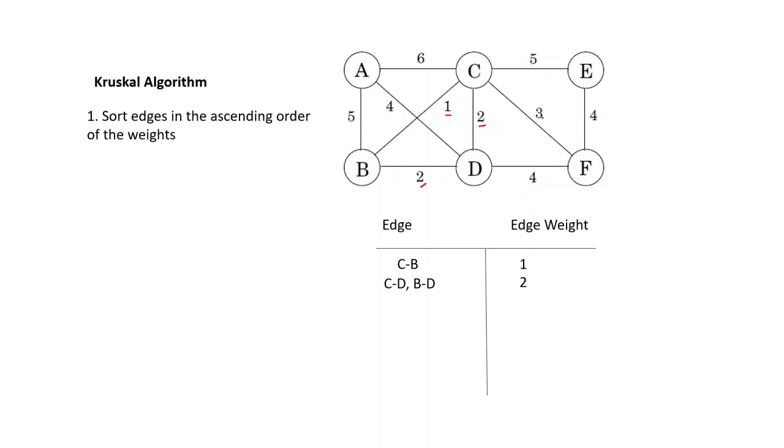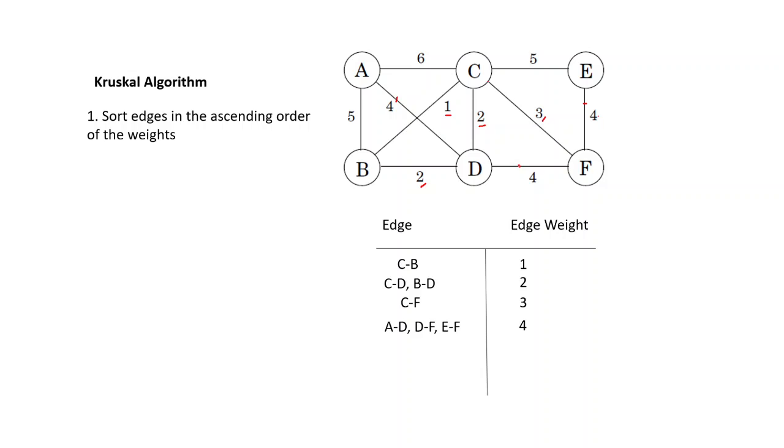The next higher weight is edge weight 3 that exists between C and F. So you include that. The next higher edge weight is 4, and there are 3 edges that have edge weight 4, that is AD, EF and DF.